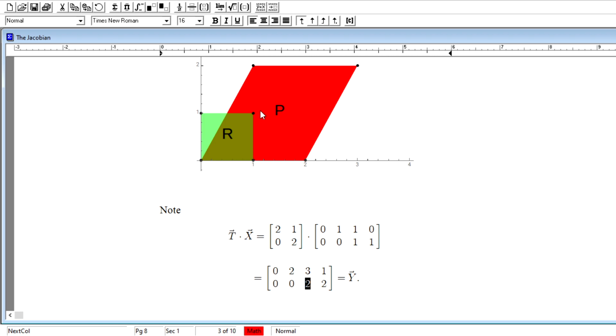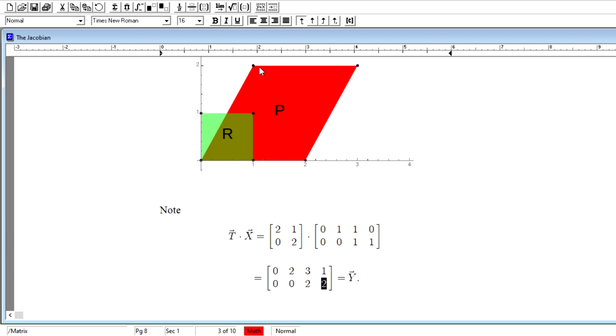And again, every point between this location at 1, 0 and this location at 1, 1 on the boundary of R also gets mapped out from this transformation. All those infinite points found on this boundary will likely get mapped out to all of these infinite points found along this boundary. And then lastly, we see this location at 0, 1, defining this boundary on R, will map out to the location 1, 2, this location on P, right?